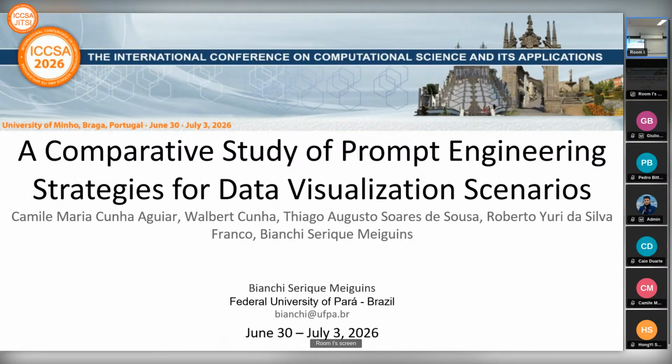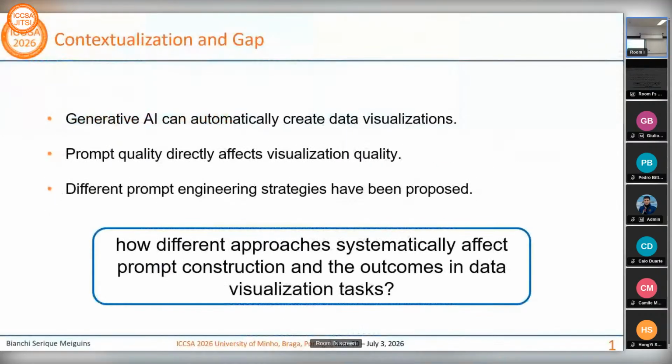This paper is an initial study that tries to investigate how different prompt engineering strategies can influence the creation of data visualization scenarios using large language models. Nowadays, generative AI is able to support the automatic creation of data visualization scenarios.